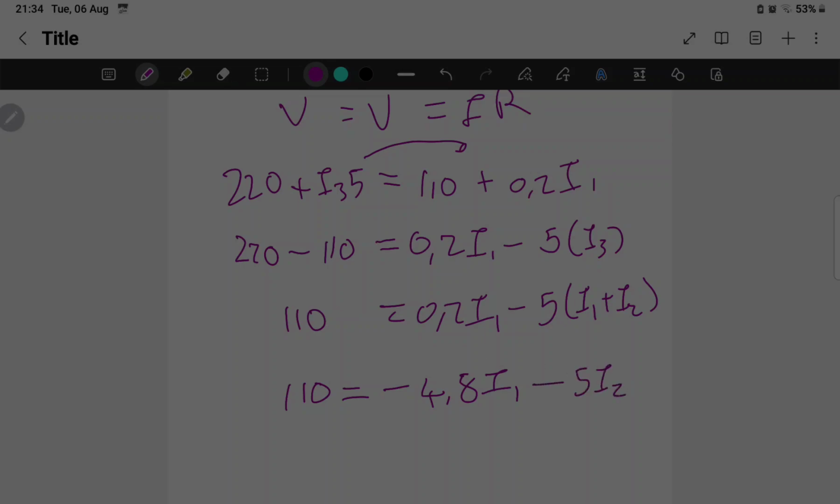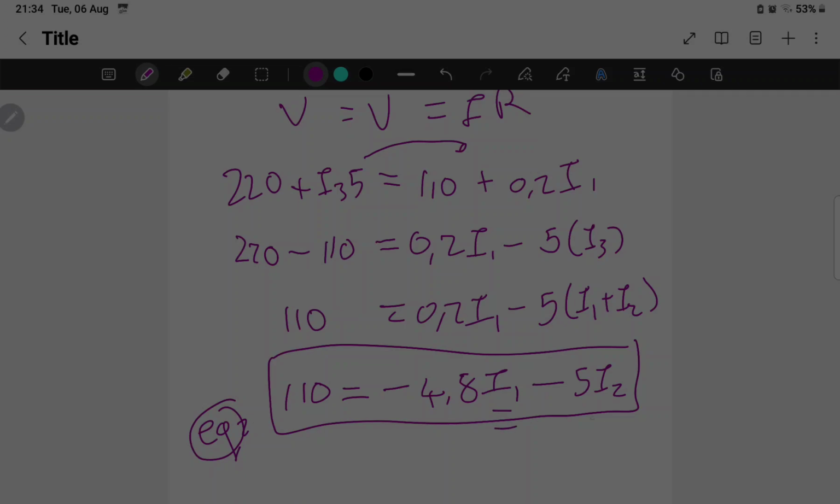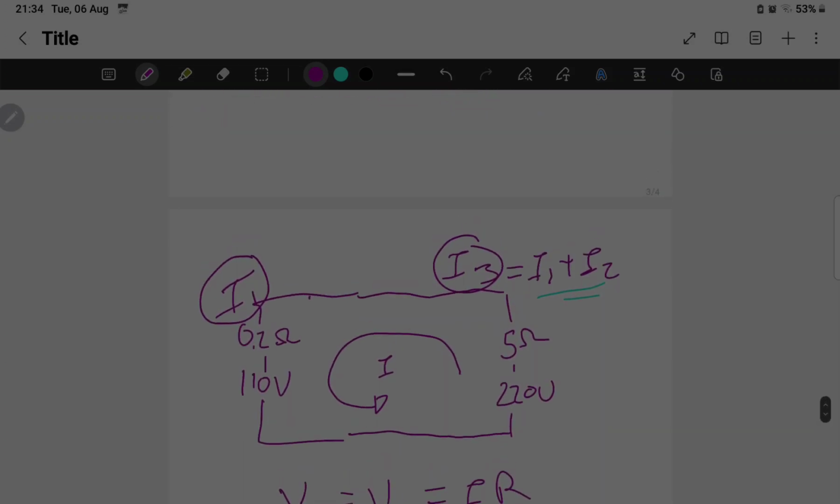So now this is our equation 2, and we have two unknowns. We have I1 and I2 as our unknowns.